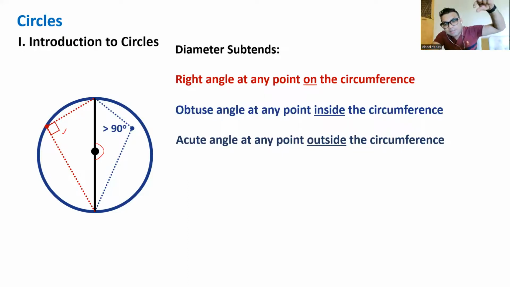So the angle will be lesser, and the reference is 90. It is beyond the circle. The point is outside the circumference. So that angle will be less than 90. You can easily visualize and check. Okay. All right. So remember these three facts about diameter. It may help you to eliminate the options. Cool.